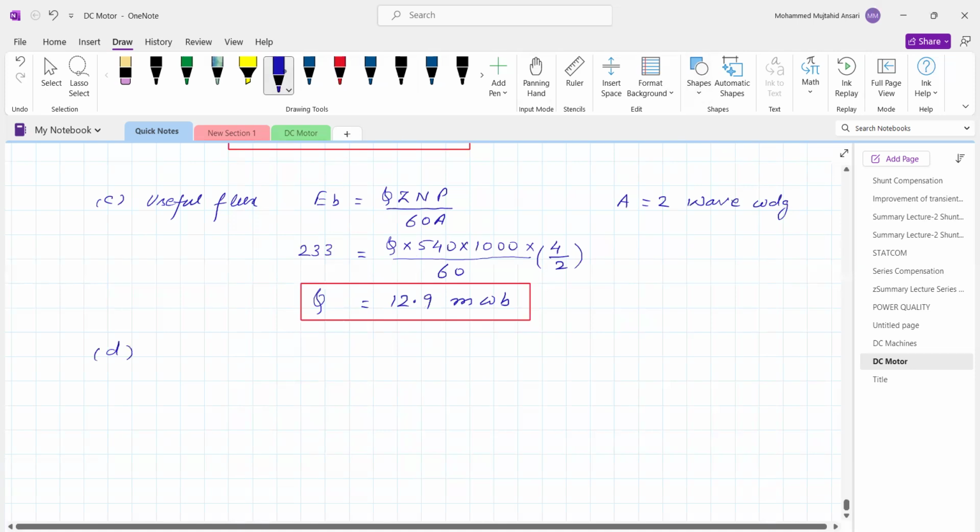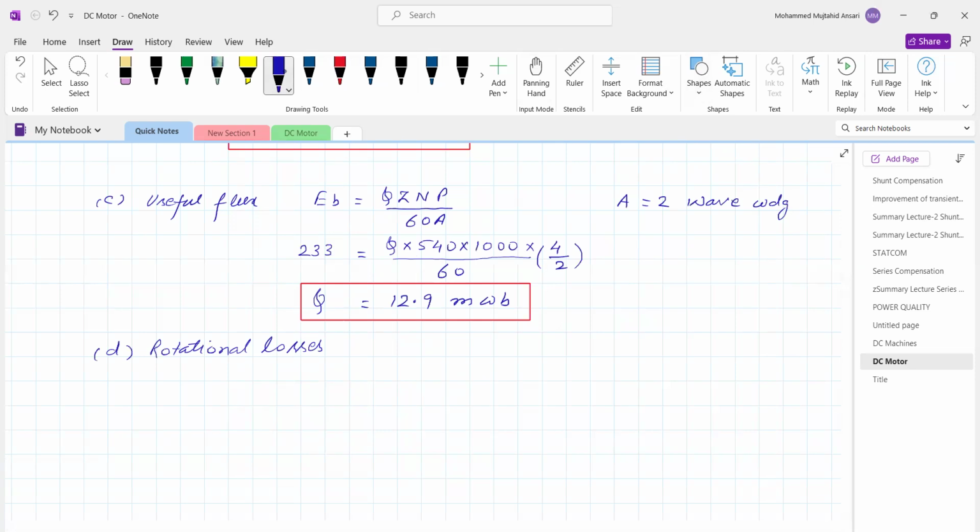Point D, rotational losses. For calculating the rotational losses, we have to calculate the armature input. It may involve the armature copper losses and all these things.